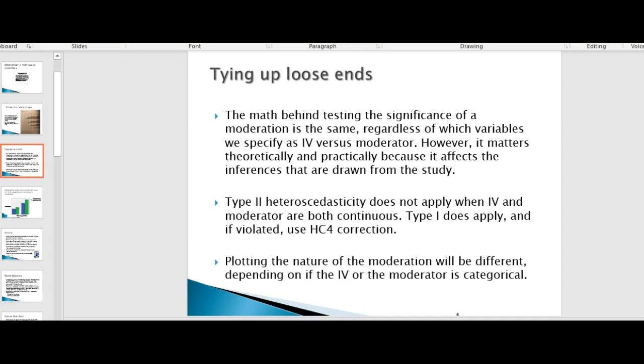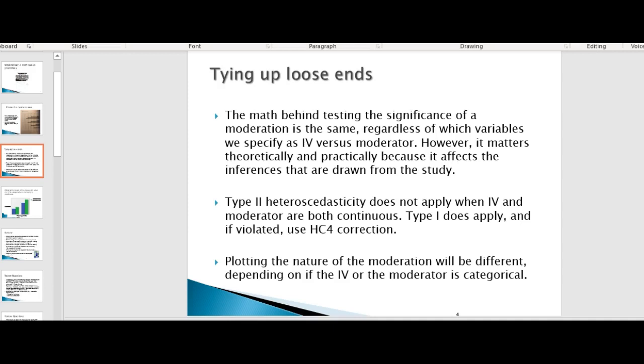So we're doing an intervention of some kind, and we think the effectiveness of that intervention will vary by gender. Gender has to be the moderator. If we think that the intervention's effectiveness will vary by personality, personality always has to be the moderator, because that moderator is for individual differences that were present prior to any kind of intervention, assigning people to it, all of that. So that's just how it works.